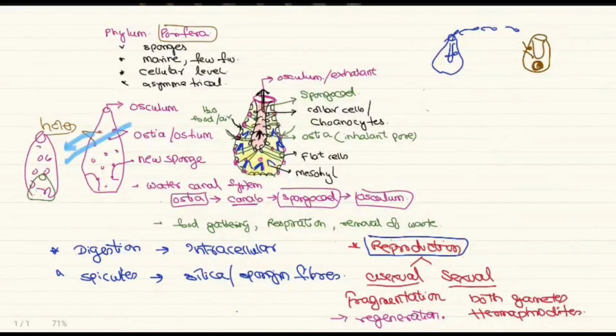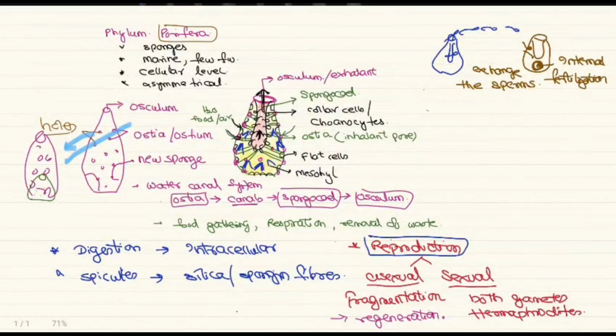That is, they exchange the sperms. The same sperm will not fertilize the ova of the same body. Now, this is called cross fertilization. As the sperm enters and the fertilization is internal inside the body, this is called internal fertilization.